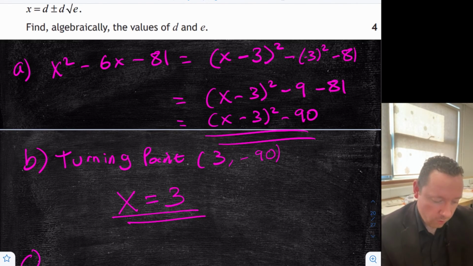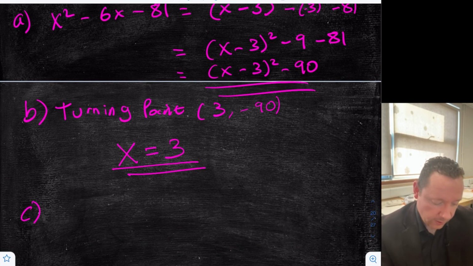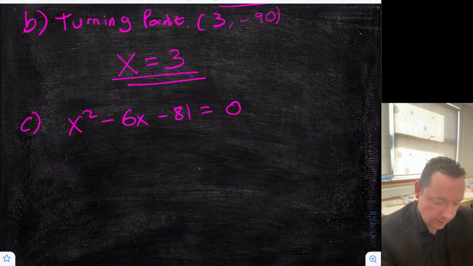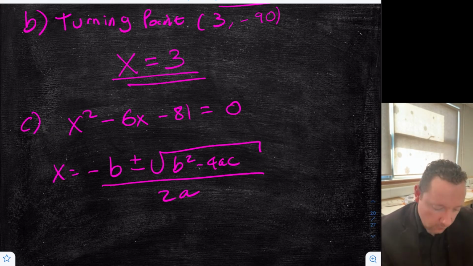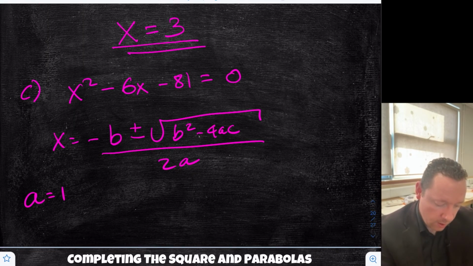So let's start off with x squared minus 6x minus 81 equals 0. If we look at the start of the exam paper, it says that x equals minus b plus or minus the square root of b squared minus 4ac all over 2a is the quadratic formula. So our a equals 1, the number in front of x squared, our b equals minus 6, and our c equals minus 81.